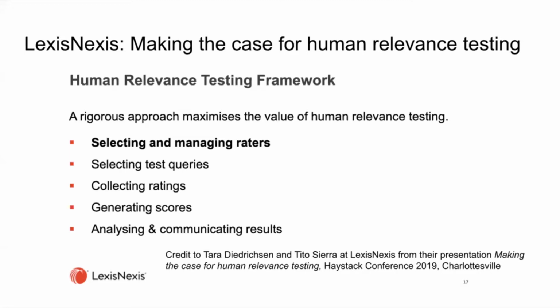So generating a number of scores will give you more confidence to iterate on the search quality. And then last but not least, you want to analyze these results and communicate them in your organization across a number of departments.